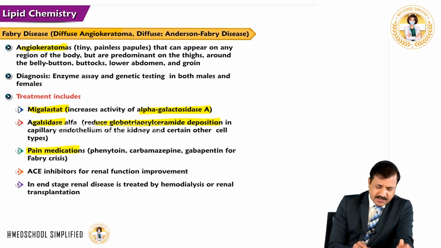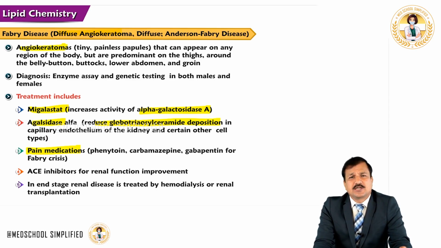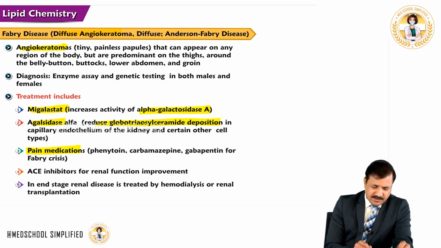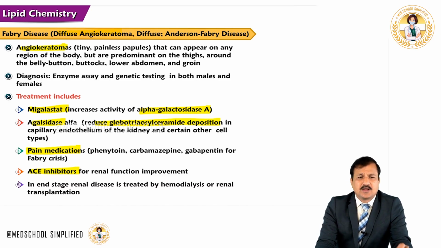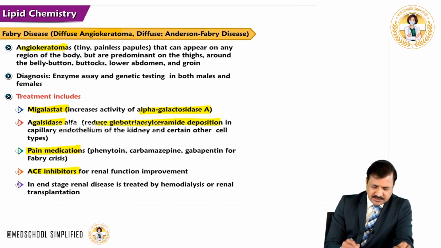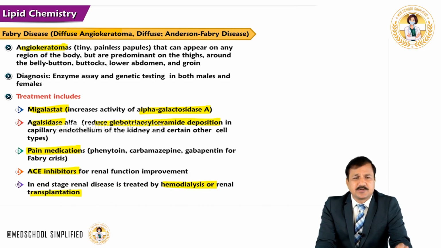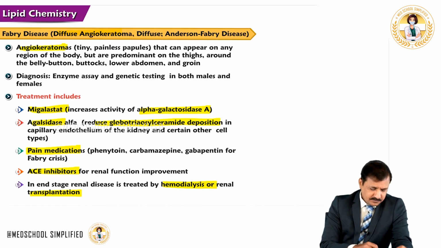And then the Fabry crisis can be treated by giving phenytoin, carbamazepine, gabapentin. Then ACE inhibitors can be used for renal impairment, and in end stage renal disease treatment can be hemodialysis or renal transplantation. So these are some of the treatment approaches to Fabry disease.